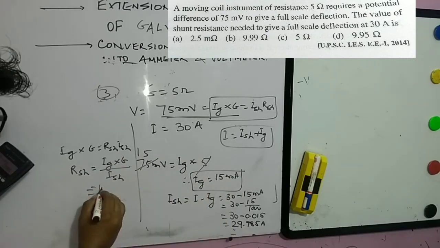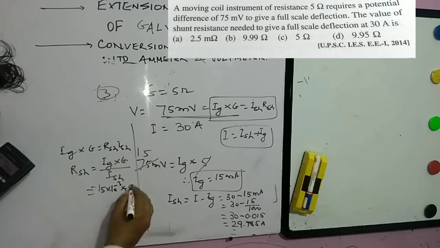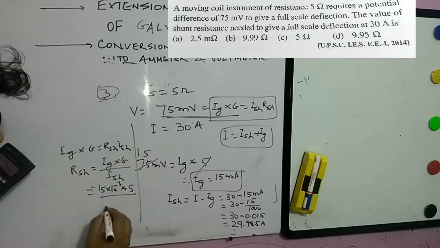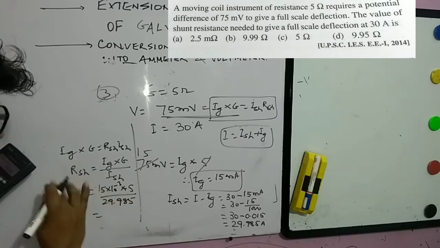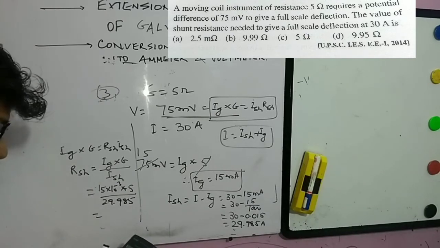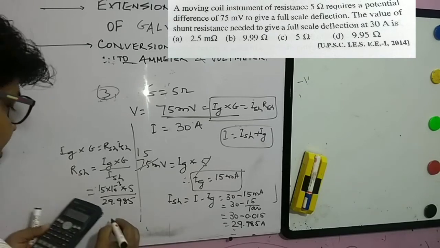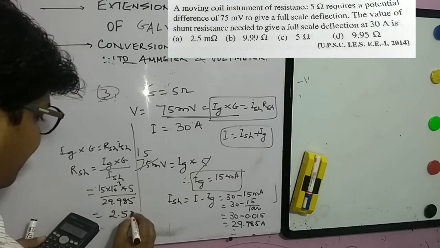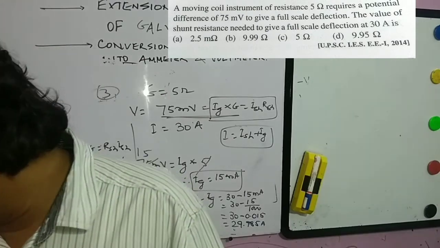Ig is 15 into 10 to the power minus 3, and G is 5, and ISH is 29.985, right? So we are getting 15 into 5 divided by 29.985. So this is coming out to be 2.5 milli ohm, that is 2.5 into 10 to the power minus 3.